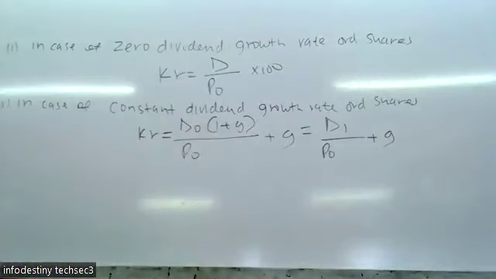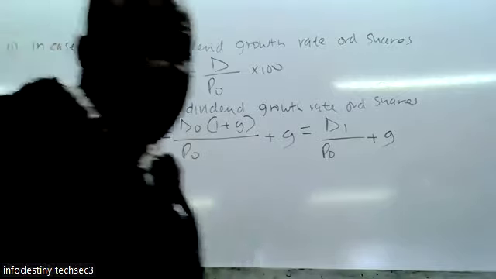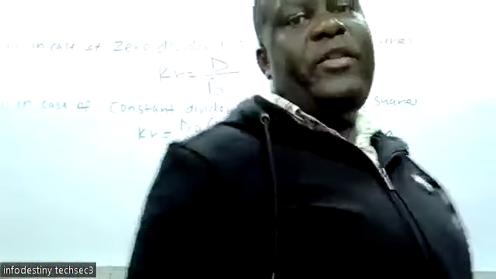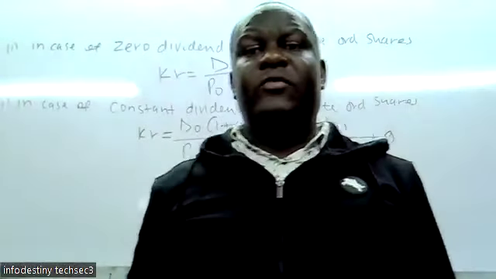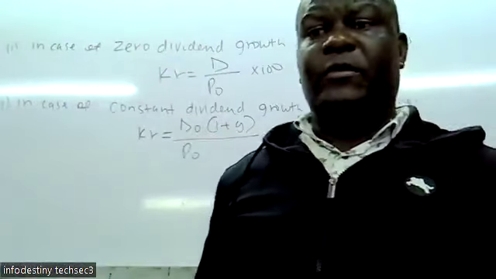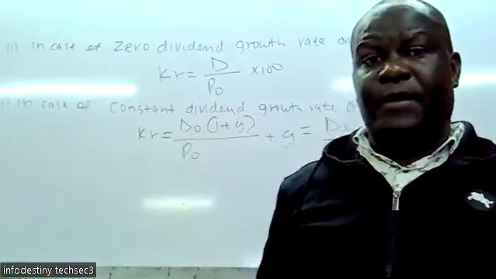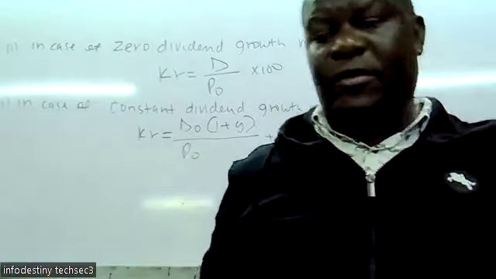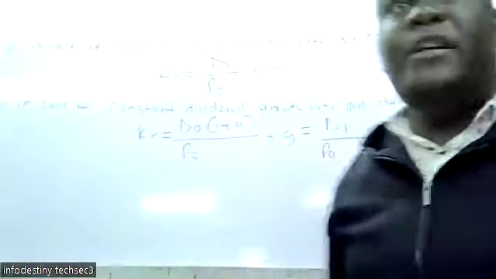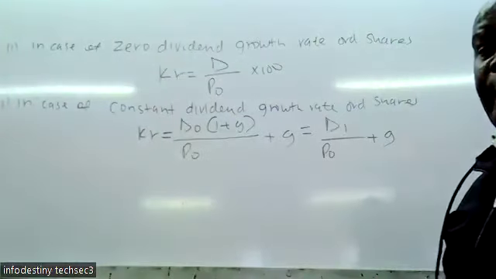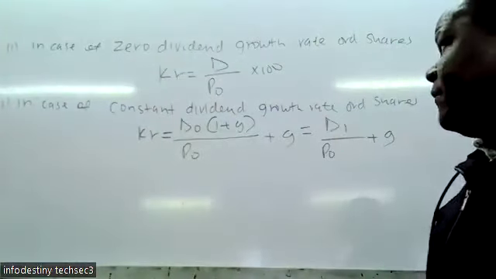Let us now go to number 2, which was cost of preference share. I'll only give you the formula because you already know what preference shares mean.